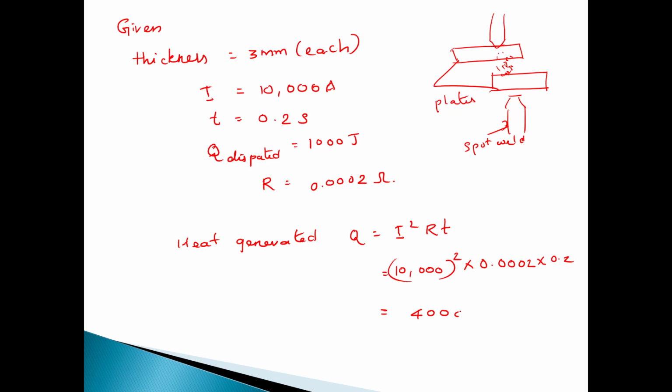From that we are getting 4000 joule. So this is the heat generated. In the question they gave that the heat dissipated to the base metal is 1000 joule. So that also we have to consider.